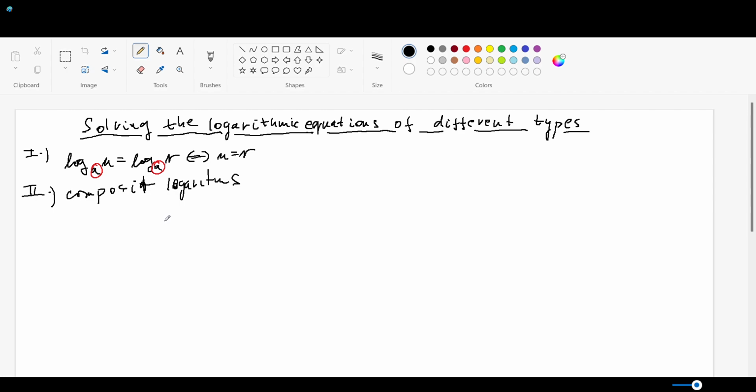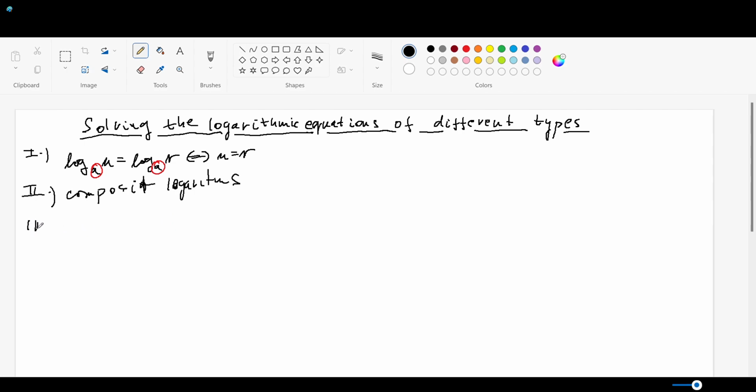It is because we are trying to solve an equation where the function on the left side is a composite function, and it consists of, let's say, 2 or 3 logarithms. I will explain later on.